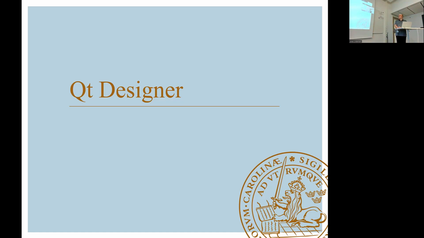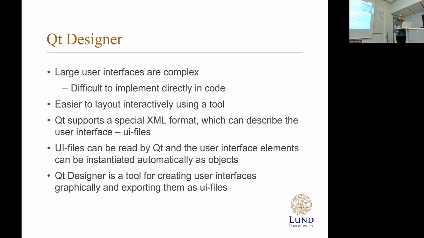So Qt comes with a tool called Qt Designer that you can use to lay out the controls. It stores the user interface in a special XML file format called UI files. And then the UI files you can actually read by Qt to create the interface objects automatically. They're all instantiated automatically for you instead of you implementing them yourself.